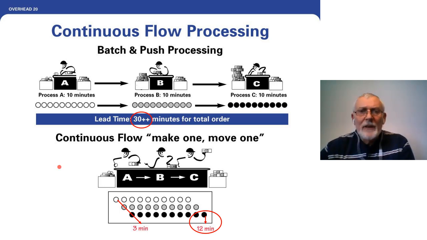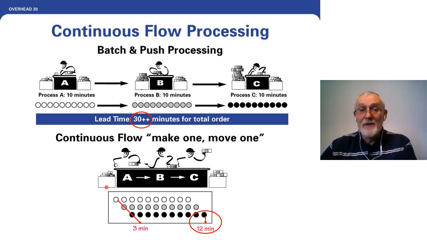Again, if we look at the figure that's on your screen, if you're moving stuff through in batches, then typically there's the time to manufacture the batch, which is a multiple of the individual time, followed then by any storage time before that batch gets worked on in the next process. So, while normally it could be 30 minutes to get a batch of 10 wood pieces of 1 minute each through that system, in reality, it typically would take a lot longer.